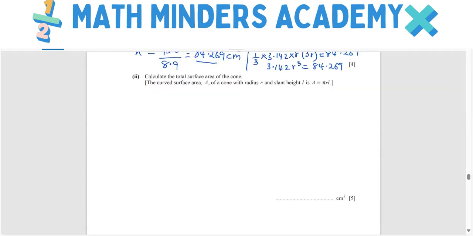Part two says we should calculate the total surface area of the cone. Okay, so if this is the cone, okay, this is the cone, and then we have this.